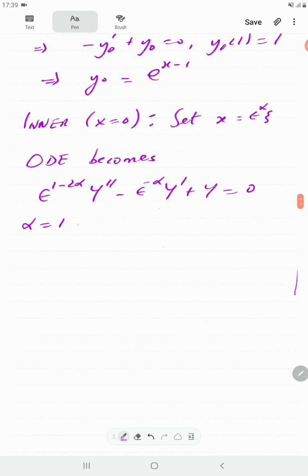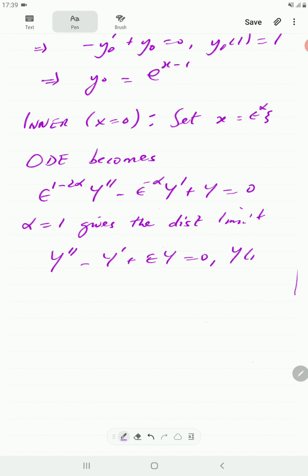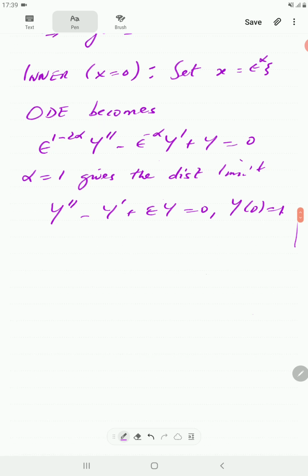Alpha equal to 1 gives the distinguished limit, and so the ODE becomes y double prime minus y prime plus epsilon y equal to 0 with that condition.